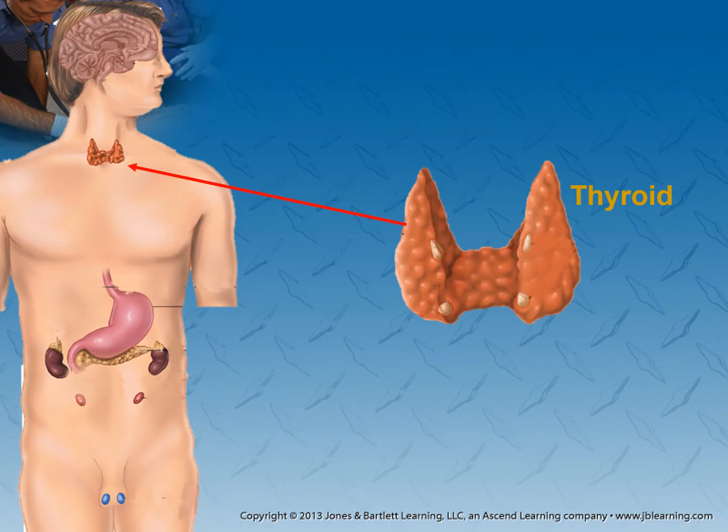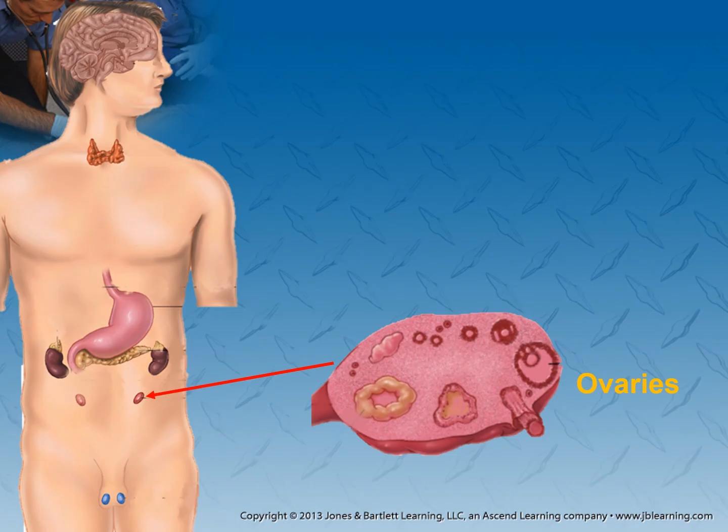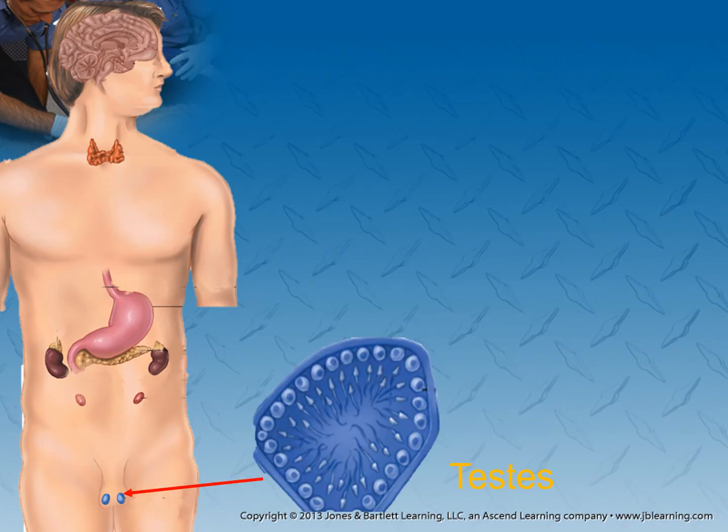The next is the thyroid, and we're going to associate this with metabolism and our ability to manage our calcium levels. Here is the adrenal medulla and the adrenal cortex. And then we have the ovaries for the females and the testes for the males. Each of these we'll talk about more as we go along.